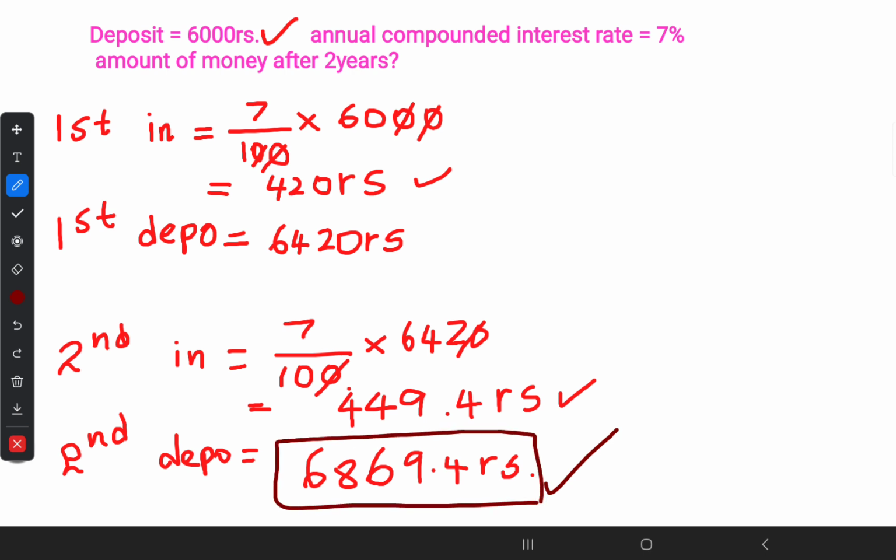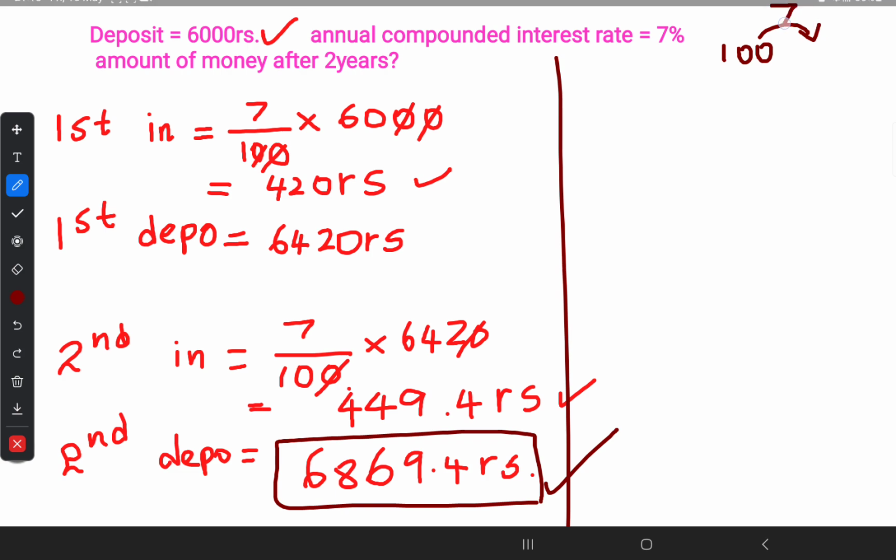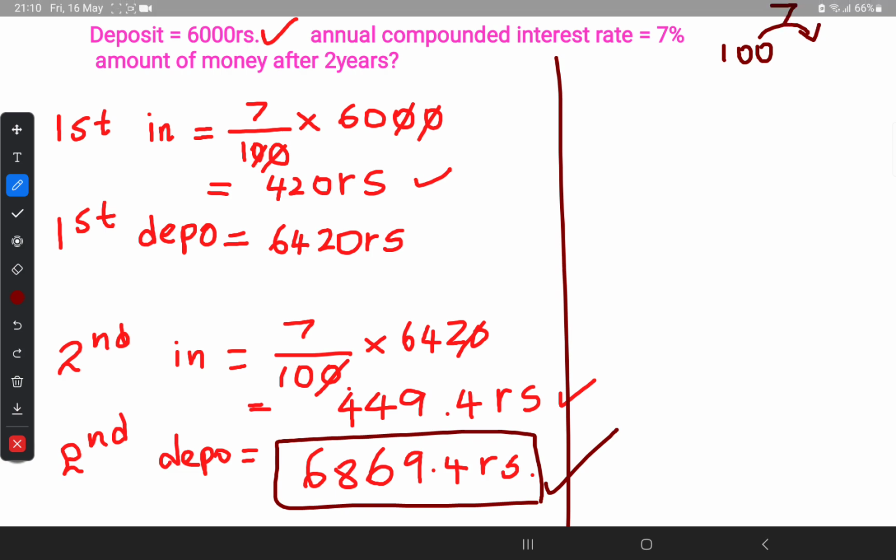Without doing so many steps, within 2 steps we can find the answer. I will explain that method also. As I mentioned earlier, 7% means, from the percentage, we get a conclusion. If I invest 100 rupees, they will give me 7 rupees as interest.